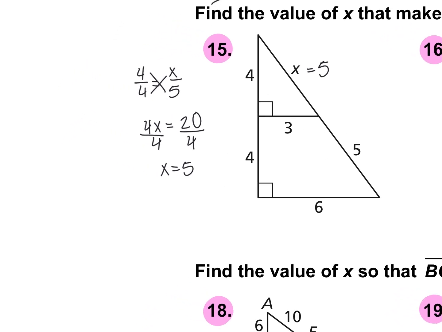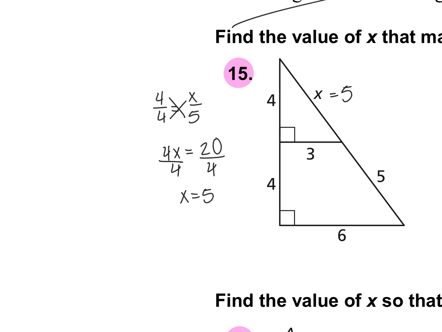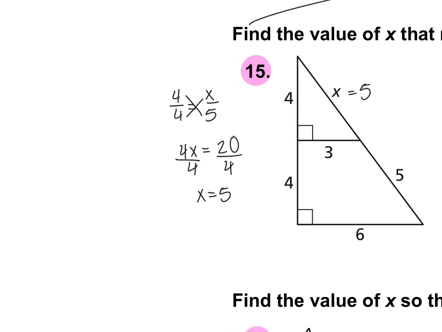If they ask you, what's the scale factor for this? If you put 4 over 4 and simplified it to 1, that is not your scale factor. Yes, I solved it, but if it's asking for a scale factor, that is not my scale factor. My scale factor would be 4 over this entire measure.